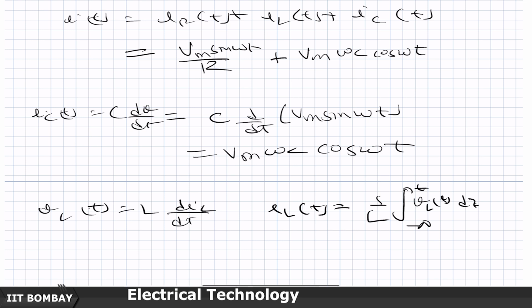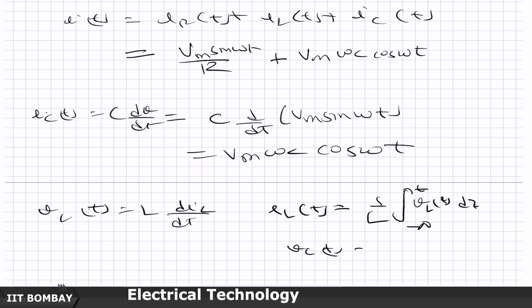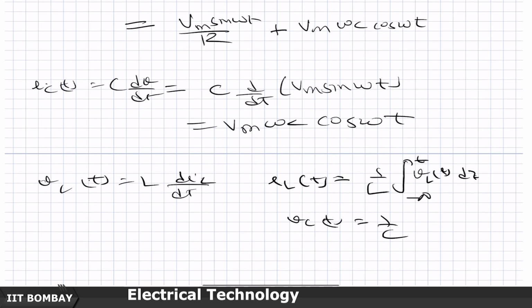So if you recall, vC of t we had written as 1 by C. This is the dual of exactly this equation, just the reciprocal or the dual of this equation. So L and C are like dual elements in electrical engineering.